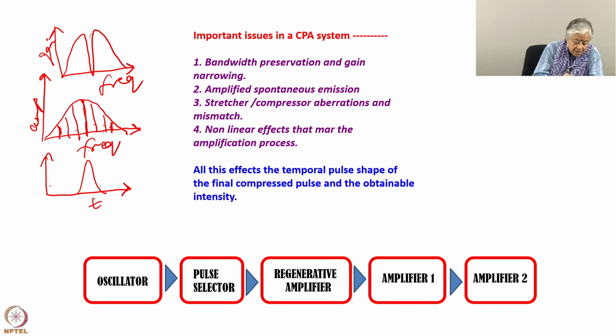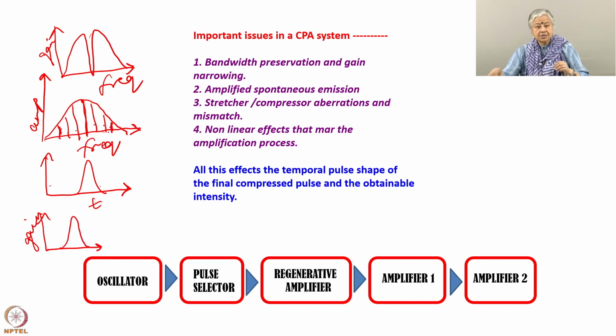Instead of being a curve like this, it has become a narrower curve, because these outer wing frequencies have fed into the middle one, and have stopped growing. So gain narrowing is one more problem.